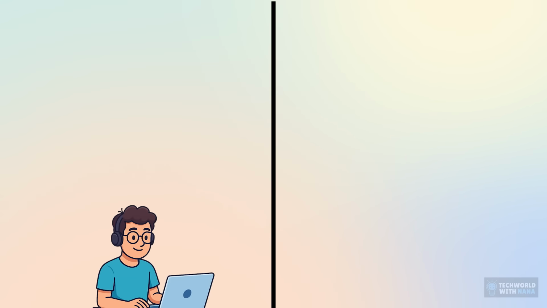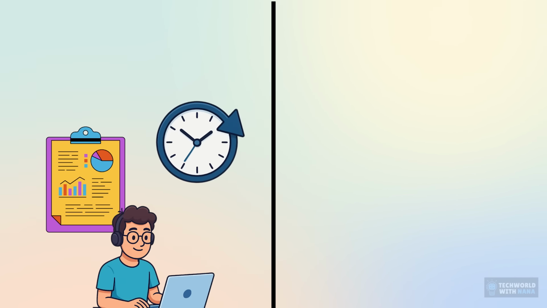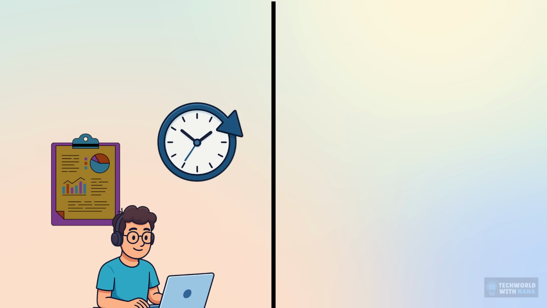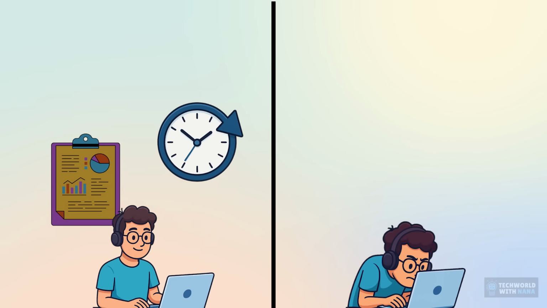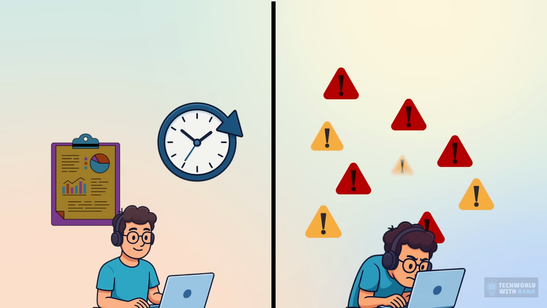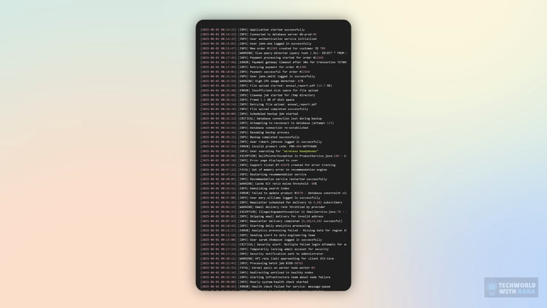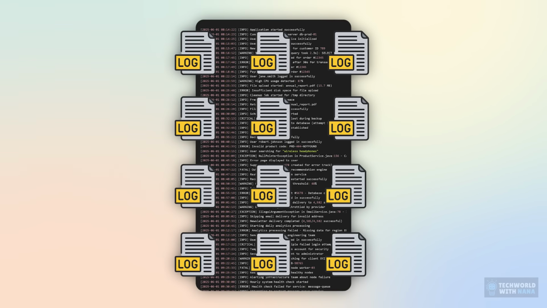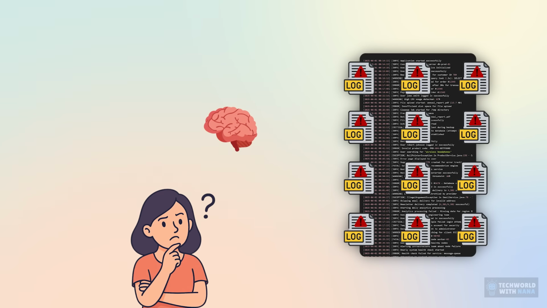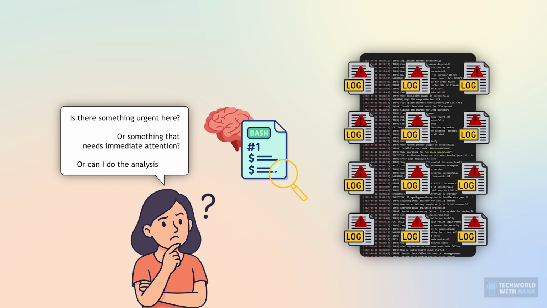Based on that, we can decide to maybe check the report file later when we have time, or that there is something urgent because we're getting lots of errors or issues in one of the programs, so we need to react immediately. Especially if the analysis report is really long, with tons of log files and a bunch of errors, we want some kind of intelligent analysis by the program itself to tell us: is there something urgent here that needs our immediate attention, or can I do the analysis later?